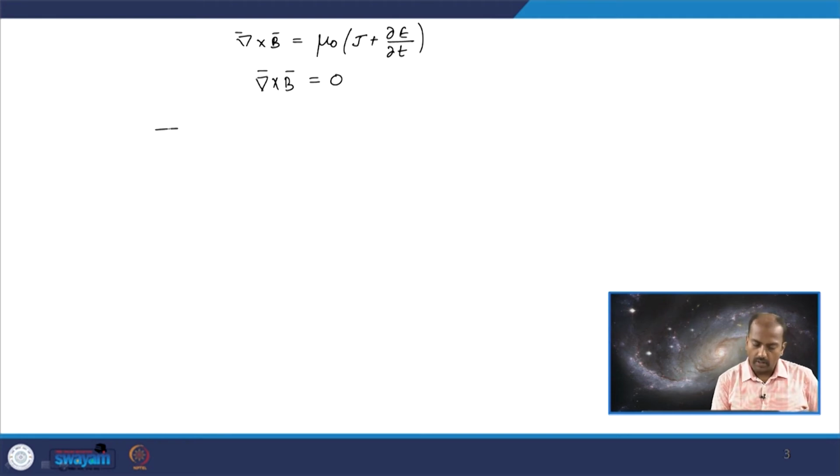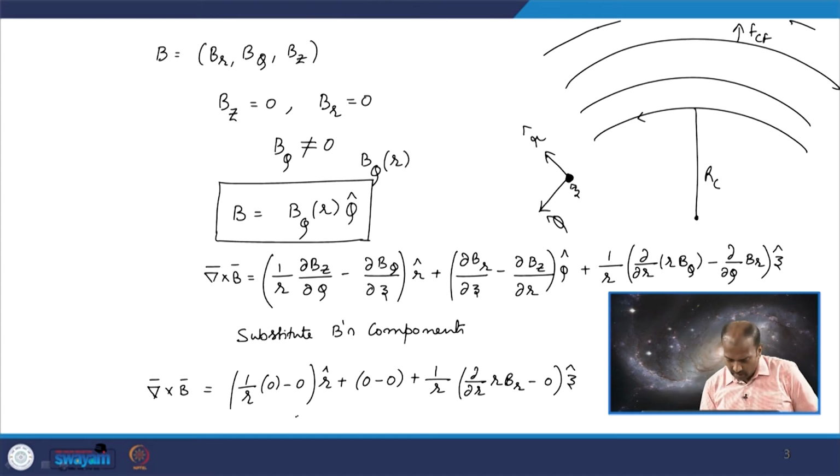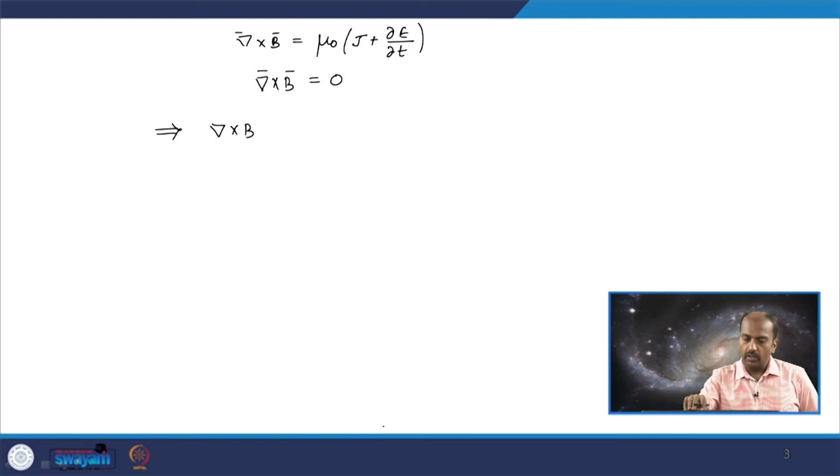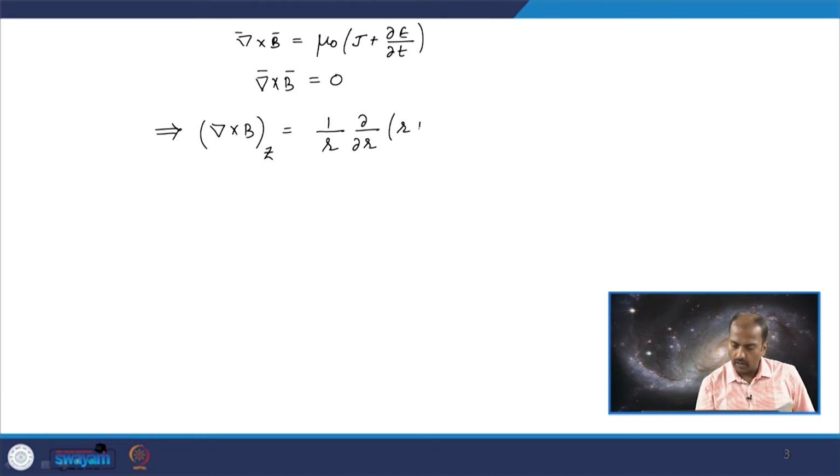That means the del cross B that we have calculated has only the z component. The z component of del cross B was calculated to be 1 by r dou by dou r of r B phi, which is actually equal to 0.